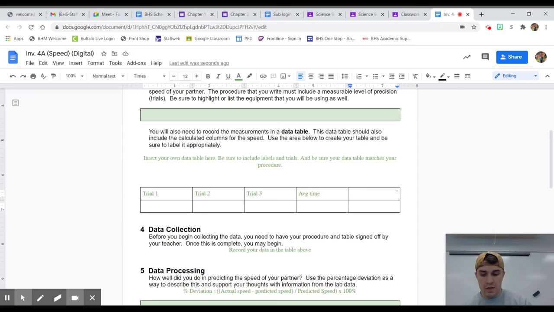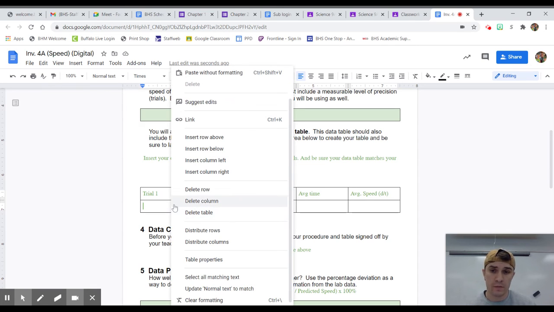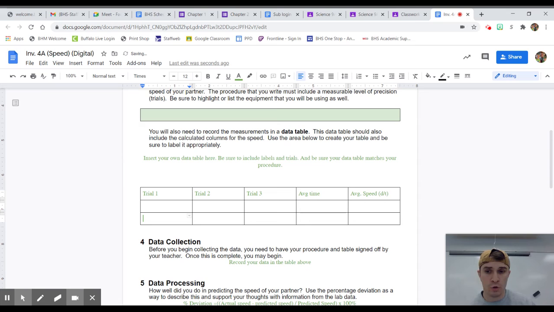So average speed, which is distance divided by time. So for my trials, I have my time for each one, my average time, and my average speed. If I have a partner, then I would just insert a row below, and I would keep track of their data as well. So that's how I would create that data table.